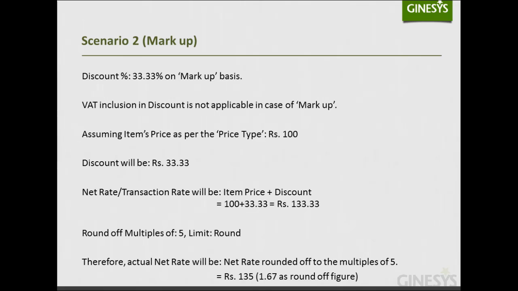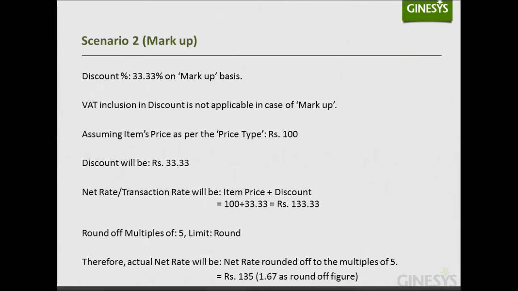Let's suppose you provide your customer's Gurgaon site 33.33% discount on markup basis. VAT inclusion in discount is not applicable in case of markup, as we know. So assuming item's price as per the price type is rupees 100, discount will be rupees 33.33.